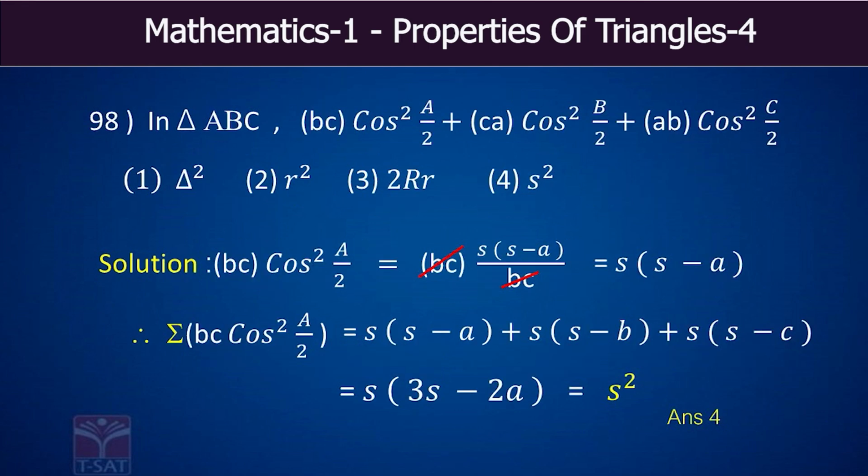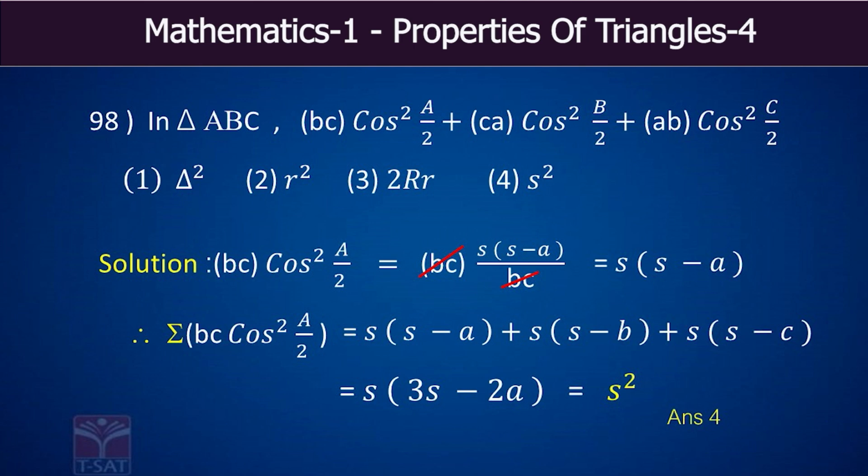In triangle ABC, BC cos²(A/2) + CA cos²(B/2) + AB cos²(C/2) is equal to: delta², 2r², 2Rr, or 4s². Now BC cos²(A/2) is BC times s(s−a)/(bc), so BC cancels, and therefore the sum of BC cos²(A/2) is s(s−a) + s(s−b) + s(s−c).